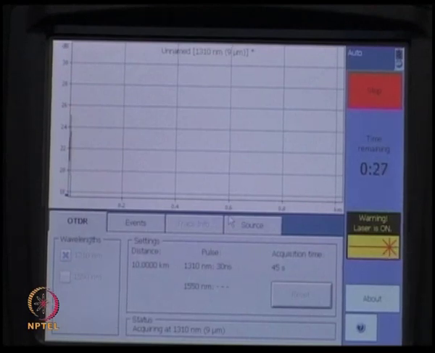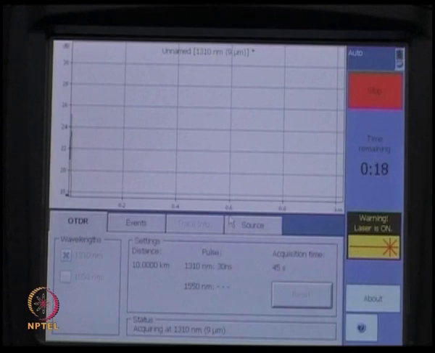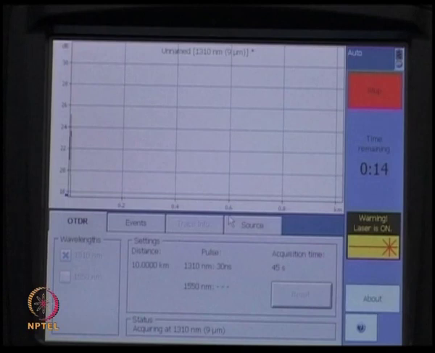As you know, since the scattering of light is very weak inside the optical fiber, one has to integrate the reflected signal to improve the signal to noise ratio. So, before the things are displayed, many pulses are transmitted inside the optical fiber.